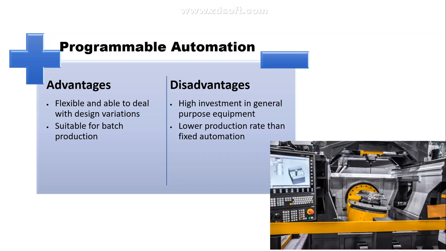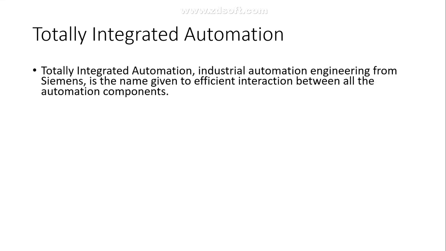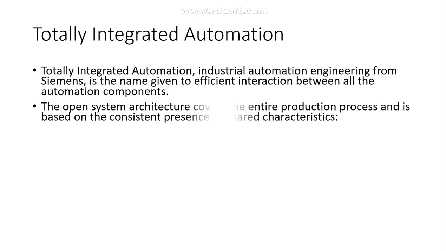Okay, this was all about programmable automation. And lastly, we have a totally integrated automation system. This is a system which gives you an interaction between all the automation components of your business. It could be data management, or production management, or any standards being maintained in your production unit.